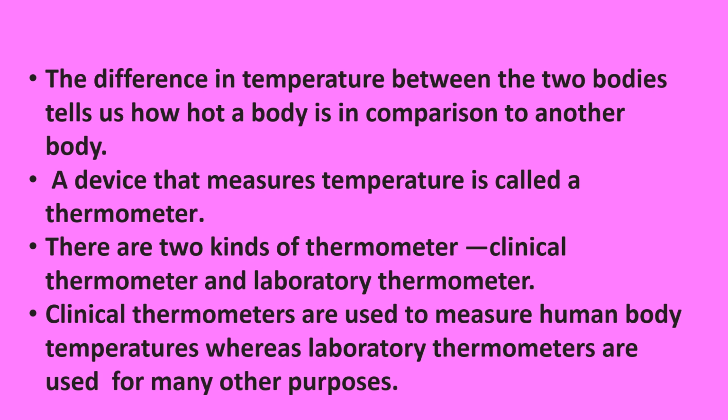So clinical thermometer is used to measure human body temperature, whereas laboratory thermometer is used for many other purposes, like it is used to measure different types of objects which are around us, like boiling water, ice, etc. So this is the difference between clinical thermometer and laboratory thermometer.